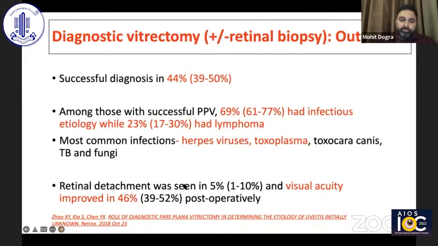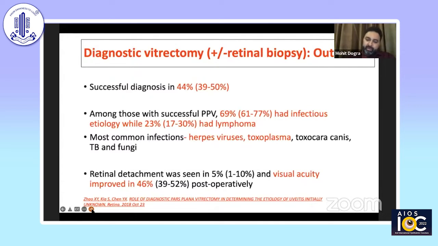So even after all of this, they had less than a 50% positivity rate as far as the diagnosis was concerned. Out of these 44% in which a diagnosis was made, most had an infective etiology followed by lymphoma, which is one of our commonest masquerades that we tend to see, and the common infections seen were herpes viruses, toxoplasmosis, toxocara, TB, and so on.